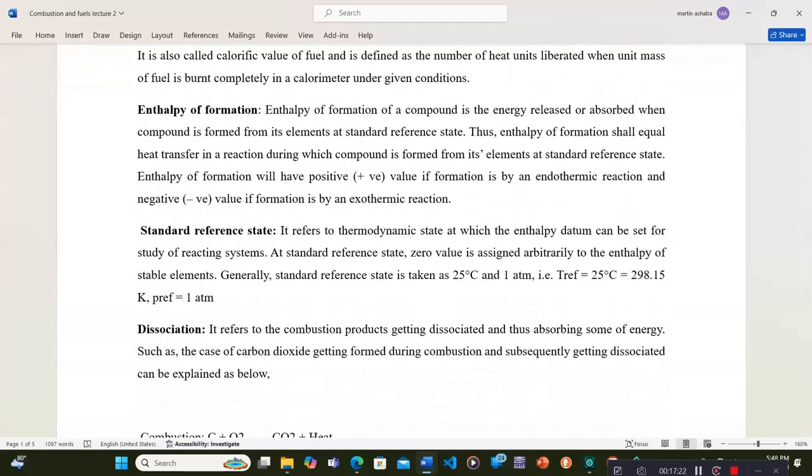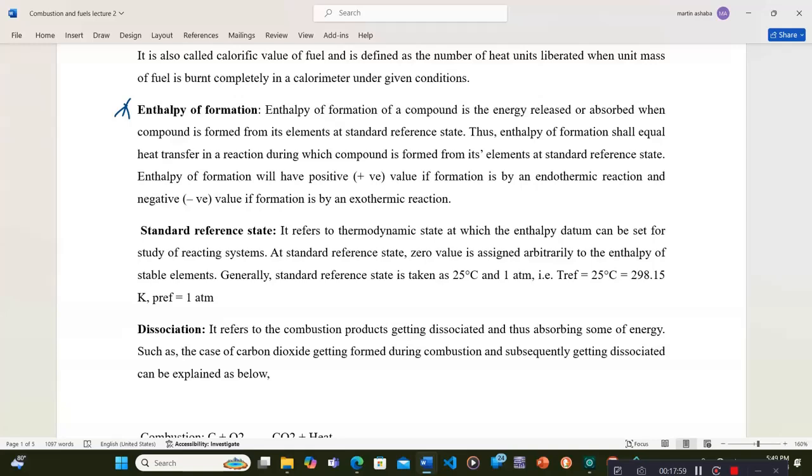What is the enthalpy of formation? Enthalpy of formation is the energy released or absorbed when a compound is formed from its elements at standard reference state. The standard reference state in most cases is considered to be 25 degrees Celsius or 298 Kelvin and 1 atmosphere. Thus, enthalpy of formation equals the heat transfer in a reaction during which a compound is formed from its elements at standard reference state.